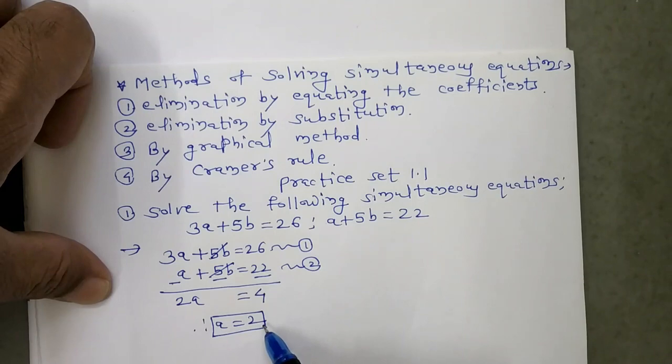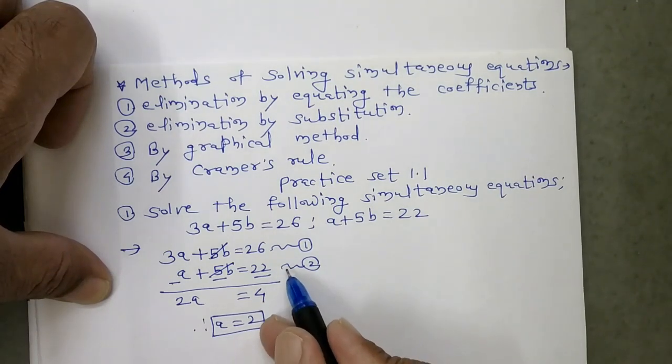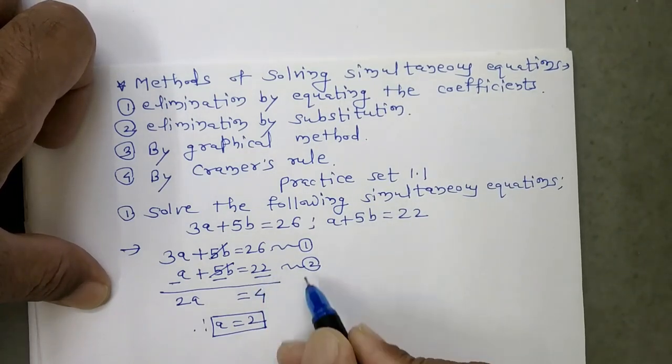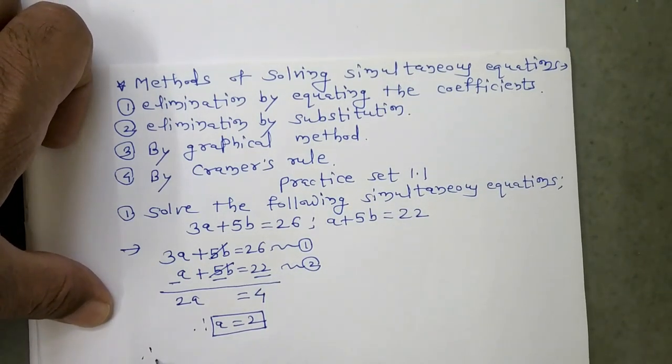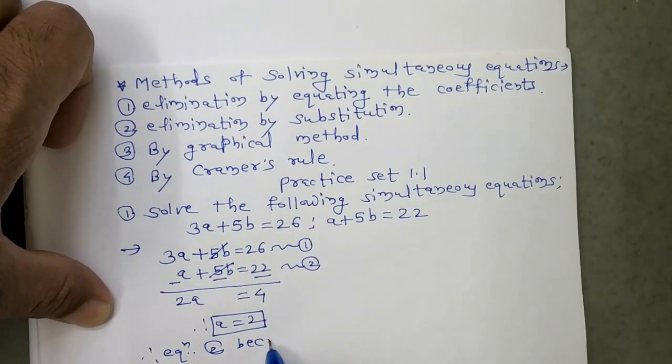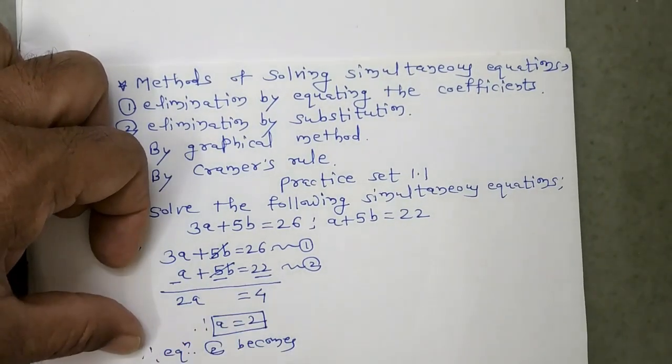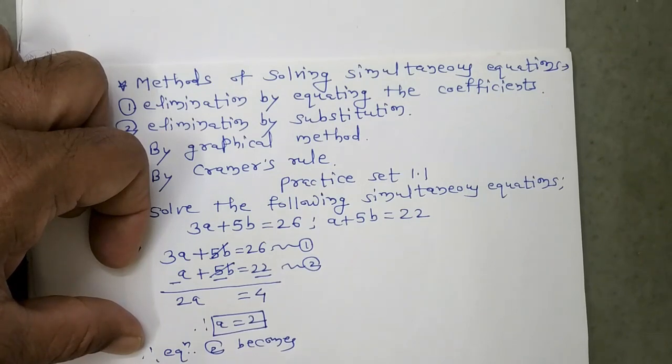Now substitute this value of a in any one equation. Suppose we put this value in equation 2, therefore equation 2 becomes, now put value of a is 2, 2 plus 5b is equal to 22. 5b is equal to 22 minus 2. Therefore 5b is equal to 20.